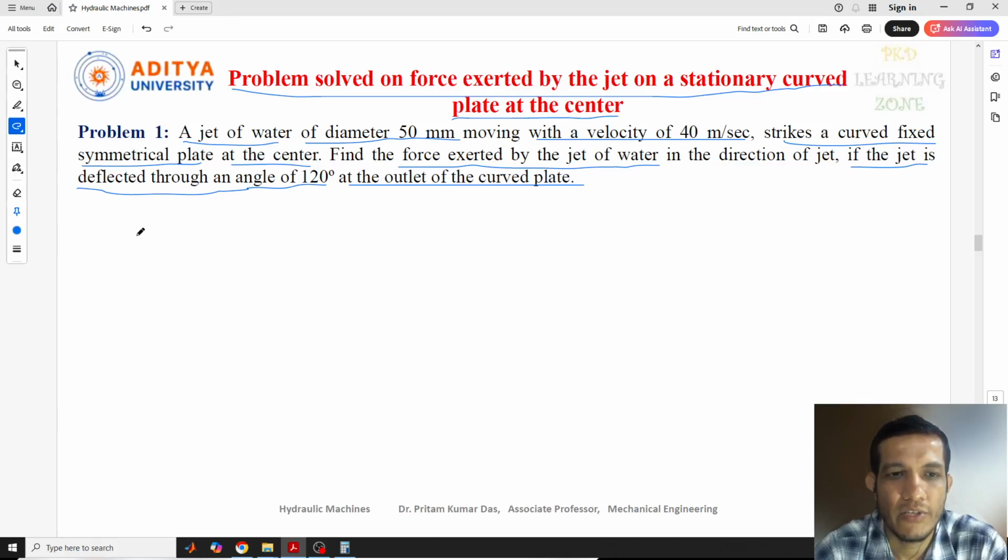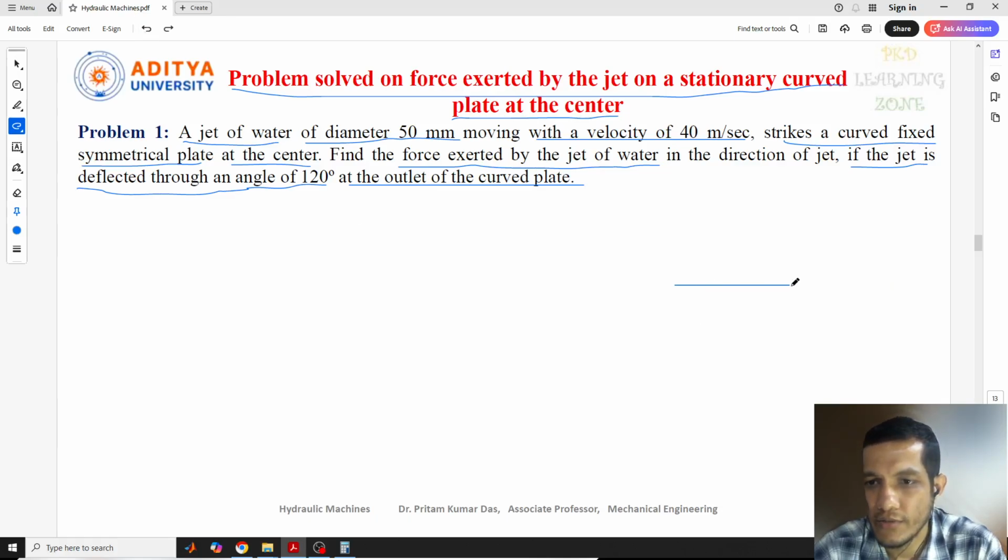So first of all, for this question, let's try to draw a diagram. Then we can identify how to find out the force exerted by the jet of water. Suppose here a jet of water which is flowing with a velocity of 40 meter per second. We can consider this in a straight line.